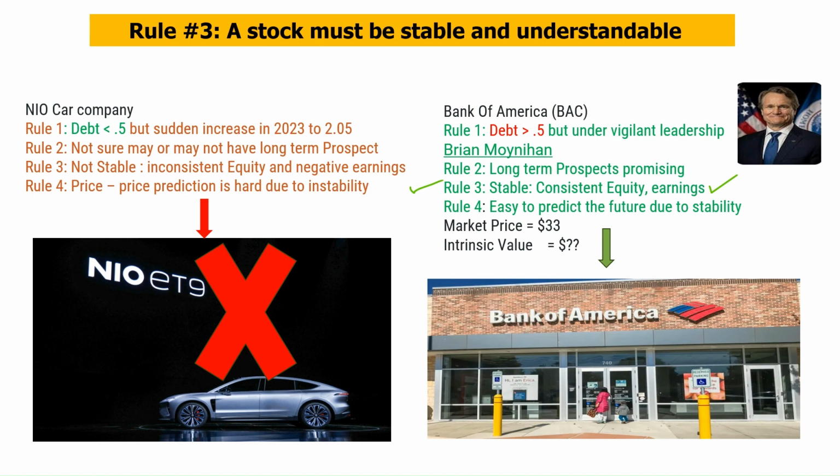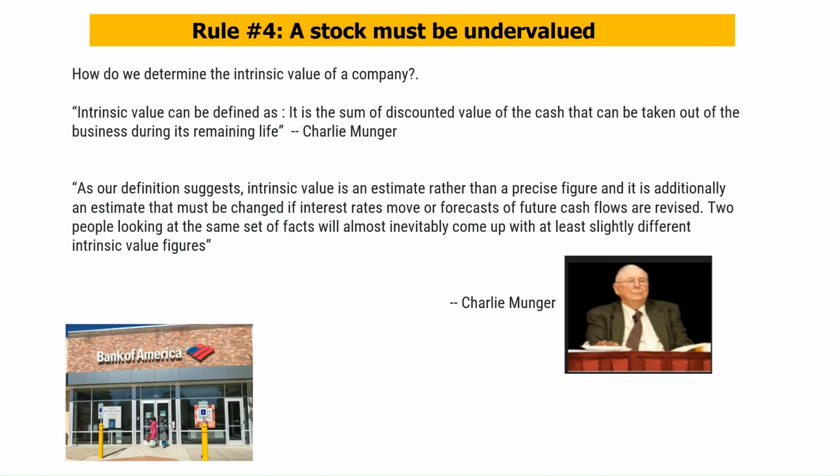So Charlie Munger's first three rules are satisfied as per my understanding, and so I decided to proceed further with Bank of America and find out the intrinsic value of the stock, to make sure whether the company's stock is undervalued or not, which is rule number 4. Charlie Munger says intrinsic value can be defined as the sum of the discounted value of the cash that can be taken out of the business during its remaining life.